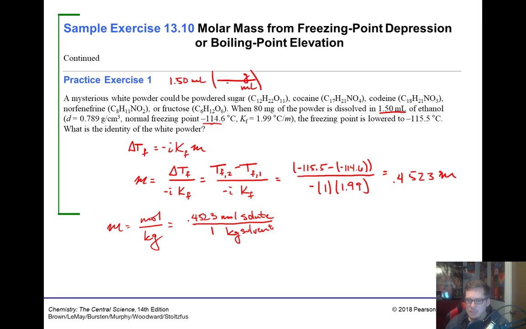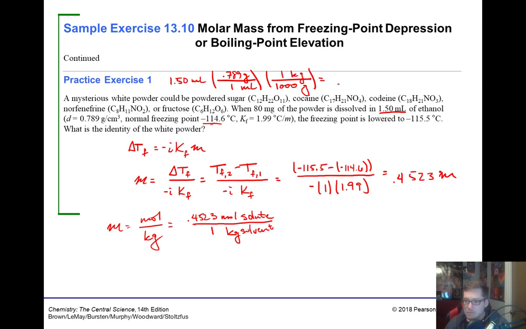Remember, centimeters cubed equals milliliters, so we have 0.789 grams for every 1 milliliter. Then we need kilograms because that's what's in our molality, so we have 1,000 grams for every 1 kilogram. So we take 1.5 times 0.789 divided by 1,000.